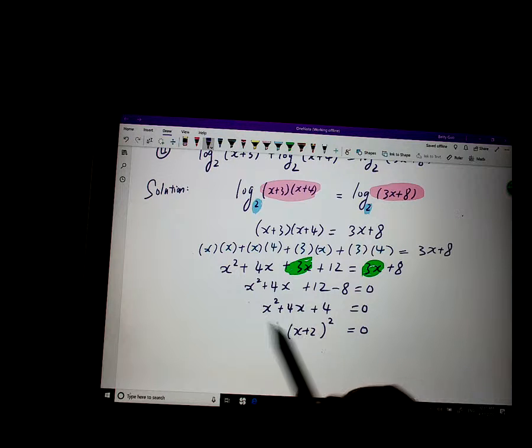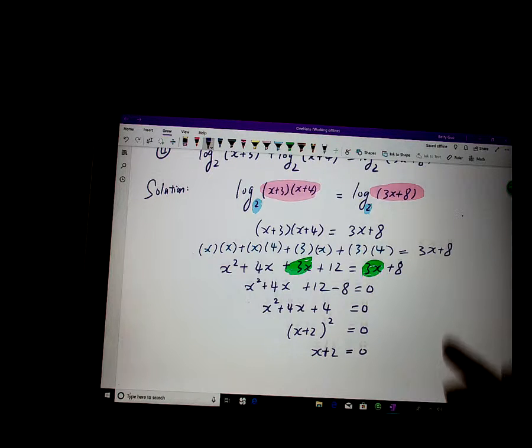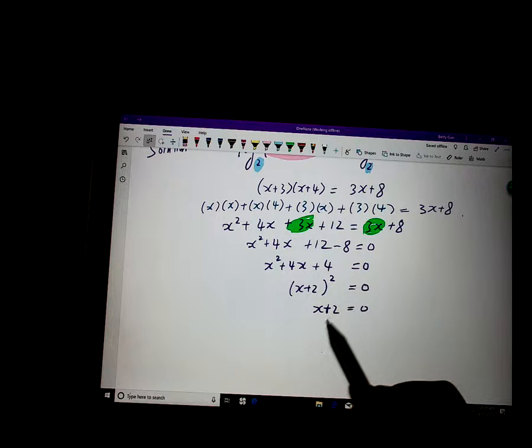So the left-hand side actually is a perfect square trinomial. The left-hand side is the square of x plus 2. Then we would have x plus 2 equals 0. Of course, if a perfect square equals 0, the base is 0. That gives us x equals -2.